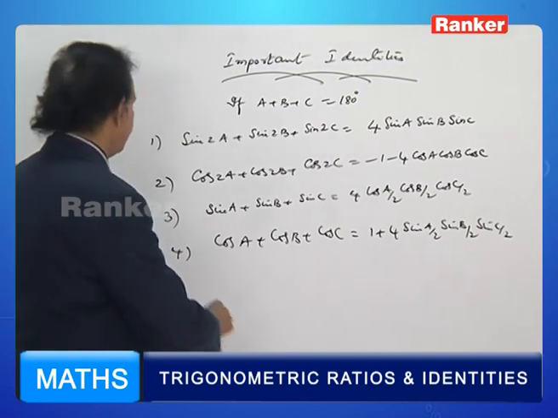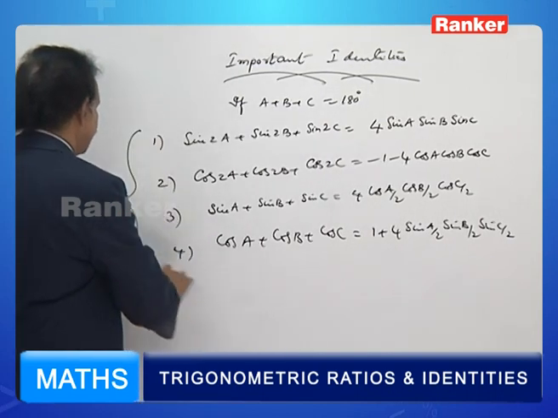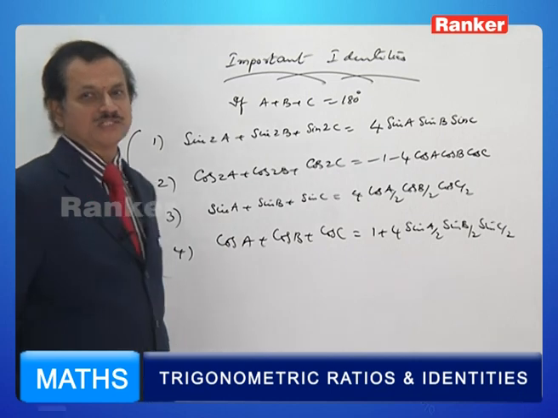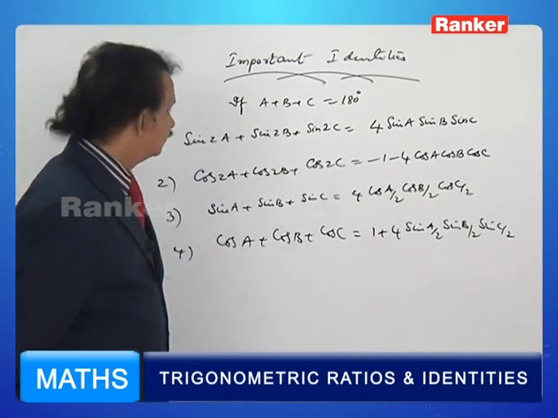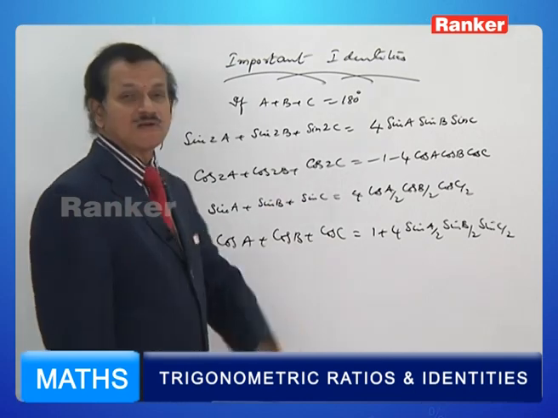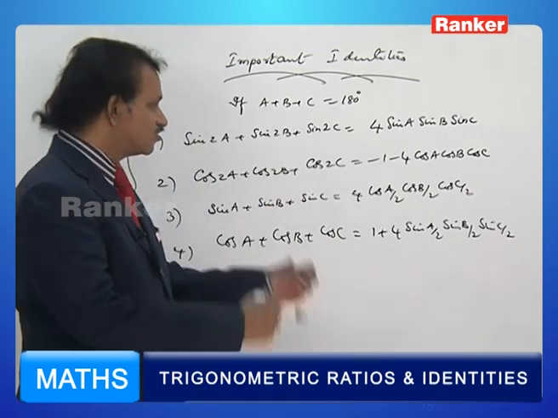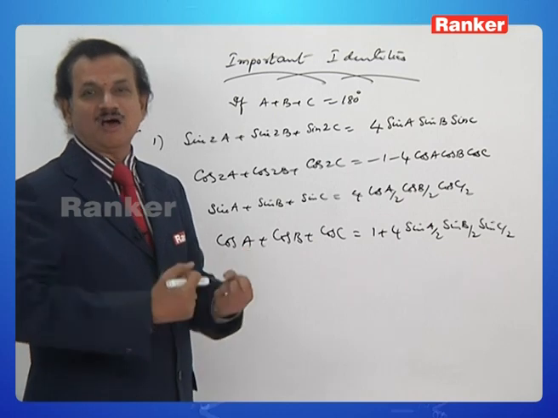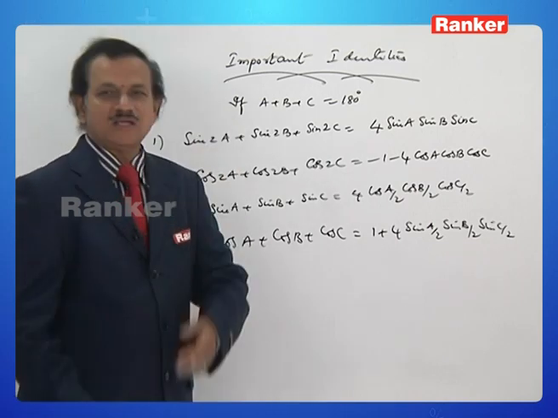Well, my dear, this is a good bunch of identities regarding sine function and cos function. Why I am saying this is, these 4 formulas will stand as answers or hints to solve many questions.